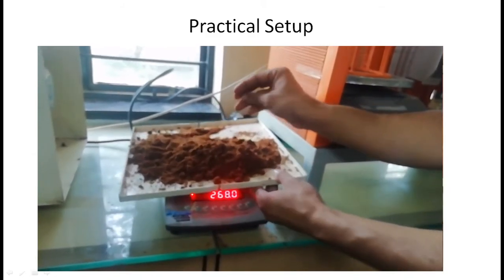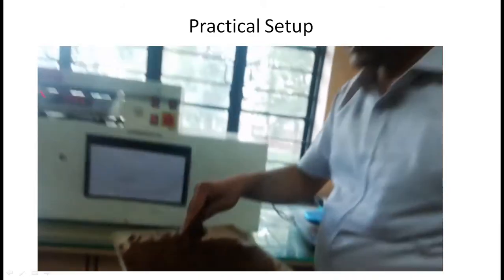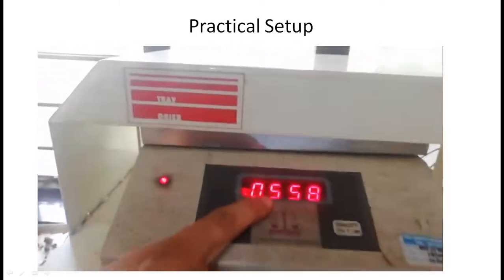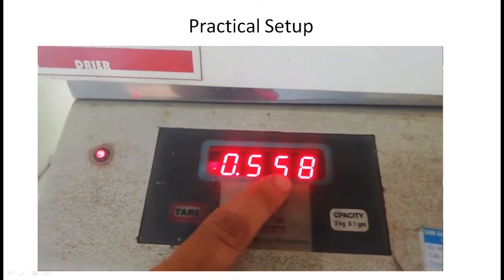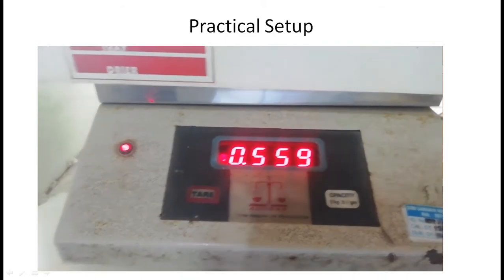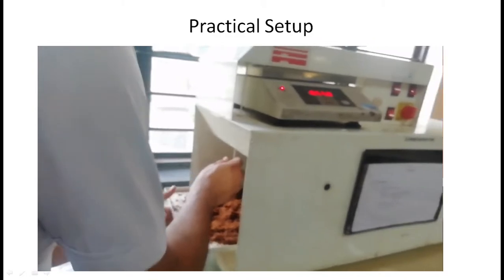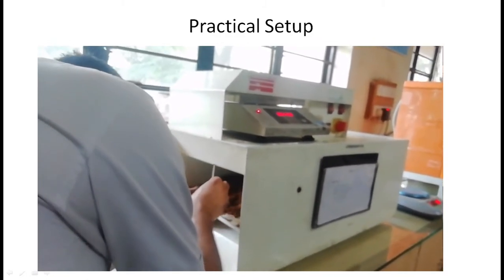Now we will put this tray into the tray dryer. So see, here you can see the initial weight of that tray. It is around 560 gram. Now we will add this tray to the cabinet.